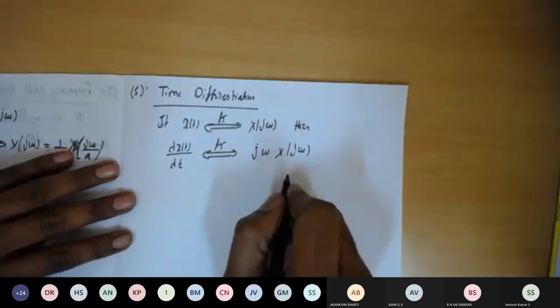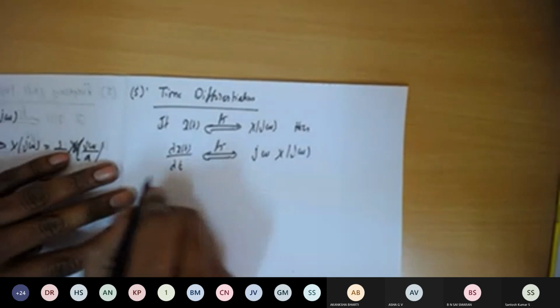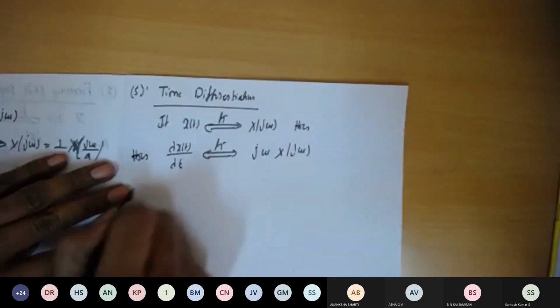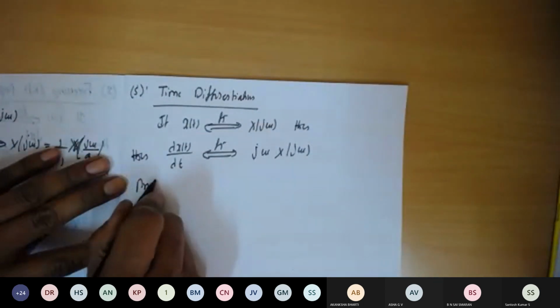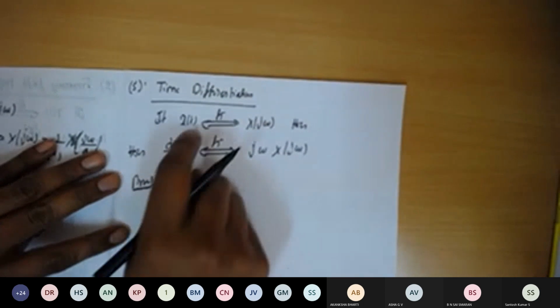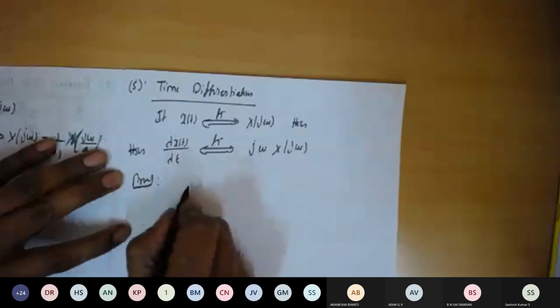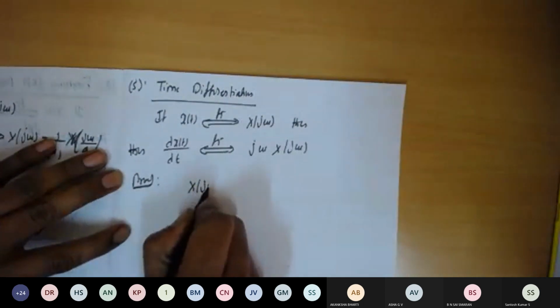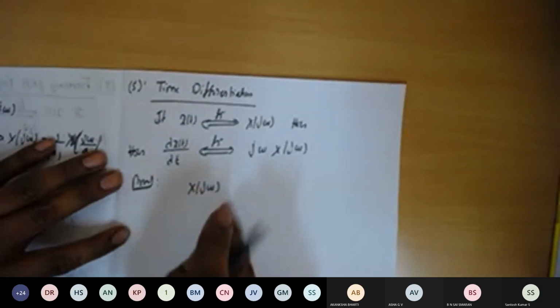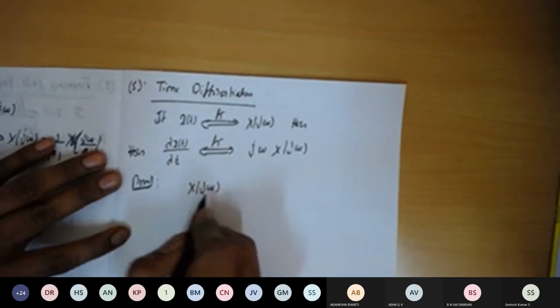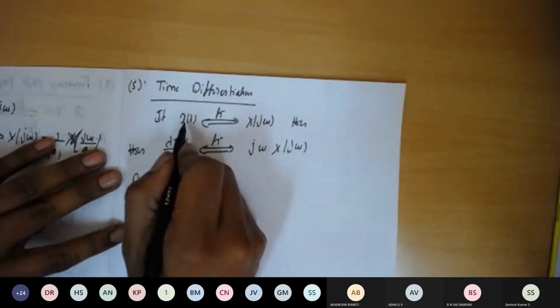Now, in order to prove this, I'll consider the inverse Fourier transform formula, because we want the term x of t to be there alone.